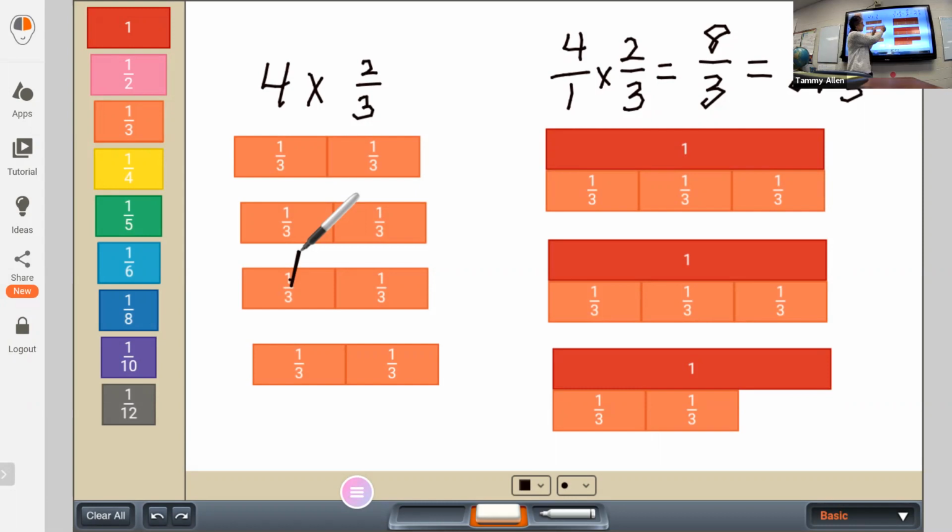So when we slam them all together, we start getting whole amounts. Does everybody understand where this 4/1 comes from? Questions?